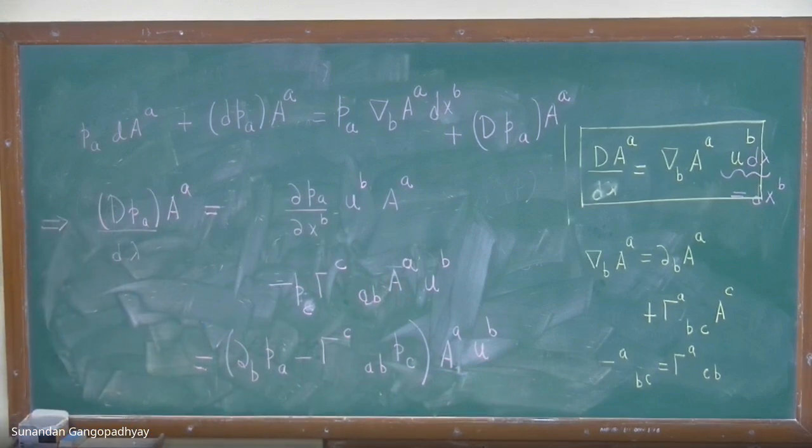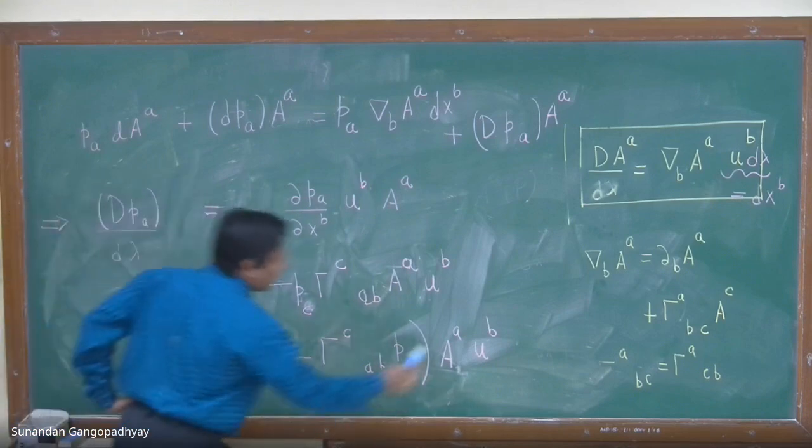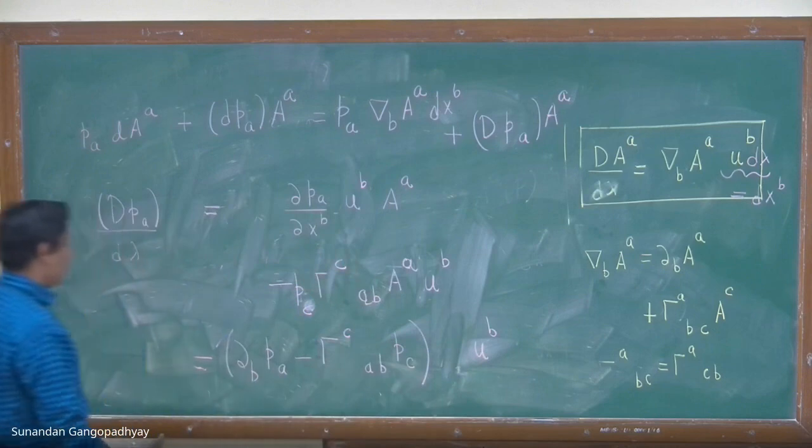Now this vector A is completely arbitrary. Get rid of this, this is gone.